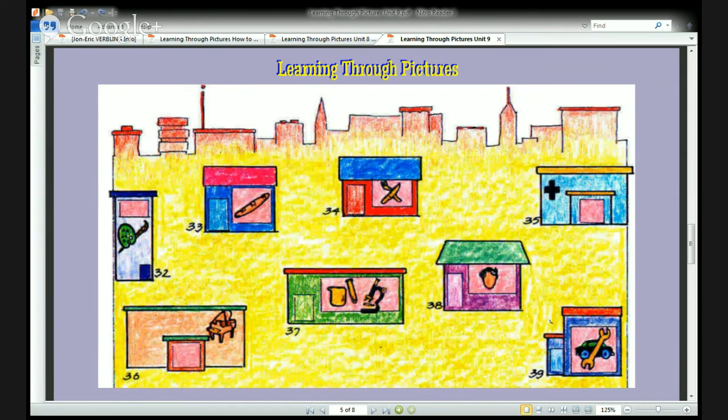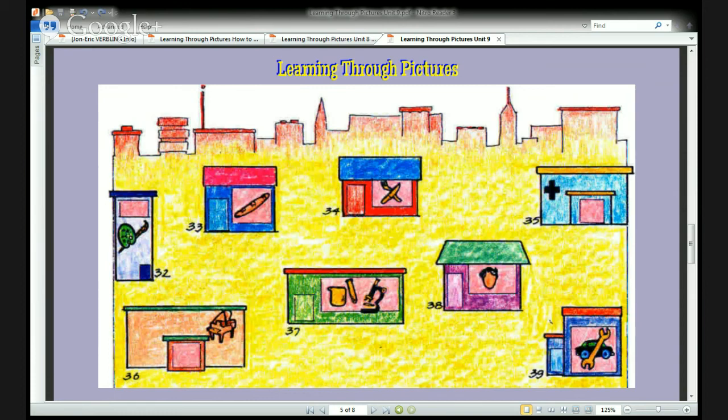I don't know if you can see that. It's a little hard to see. To the right of the bakery, you have the place. After you make the bread, you give it to this place, and it's the place where we eat the bread. Restaurant. It's a restaurant. You can see a knife and a fork. It's a restaurant.